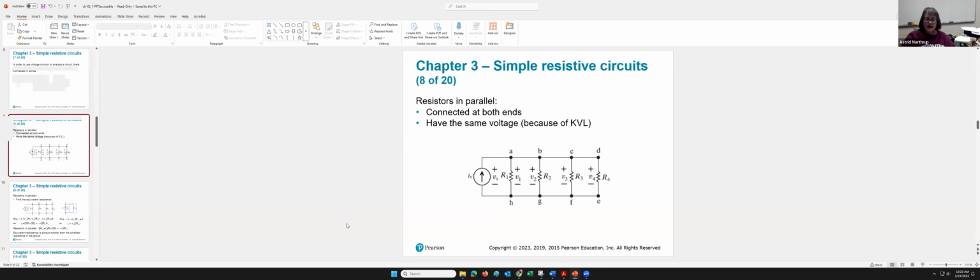Okay, the next type of configuration for resistors that are not in series: resistors can also be in parallel. What that means is when you examine a node, the head and the tail of the resistor do not go through one and then through the other. It goes through them essentially by dividing the current.